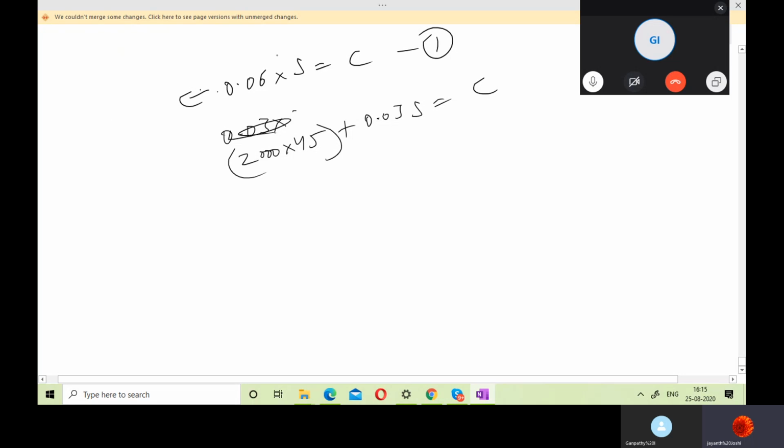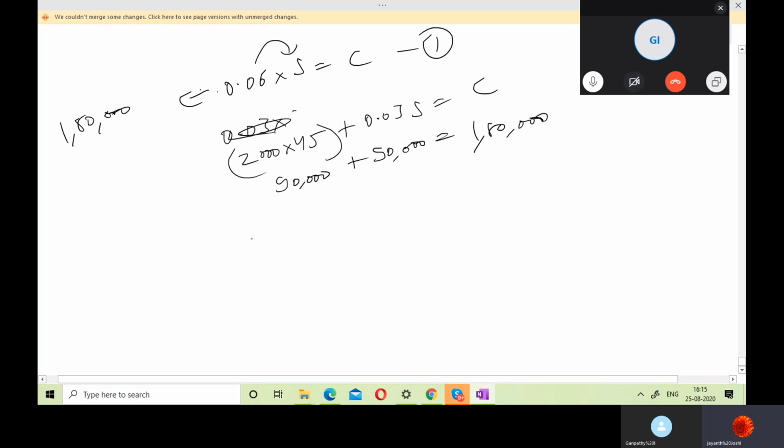In this case, if I take 3 million, it is $1,80,000. In this case, it is $90,000 plus $90,000. It's going to be the same, 1,80,000. So here it is not an issue, because in these two cases the cost is same.